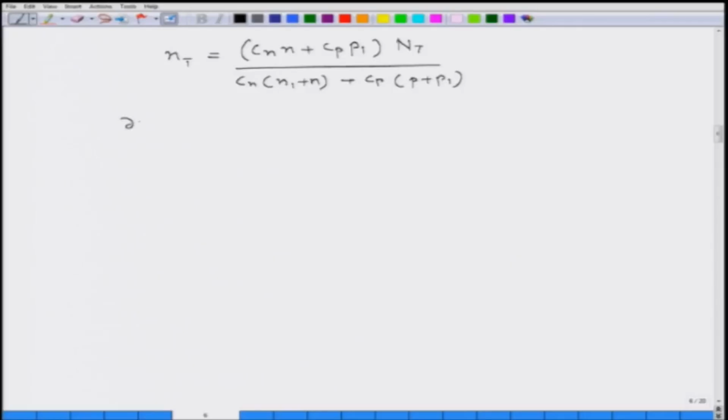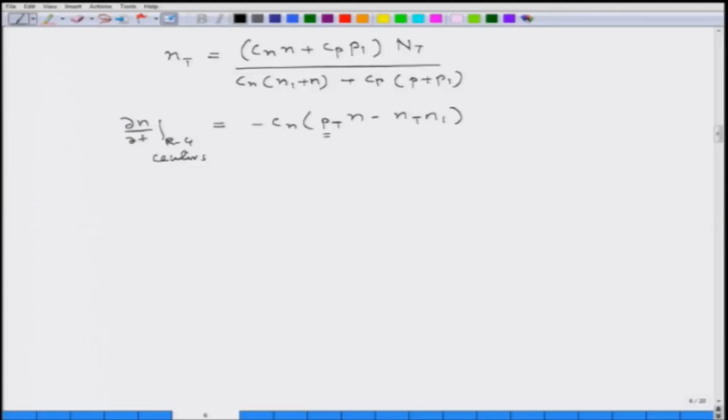If I now want to calculate what is del n del t due to R G centers, the overall effect of annihilation and recombination generation in the case of R G centers, then del n del t was nothing but minus C n, p of t in the general case minus n of t n 1.